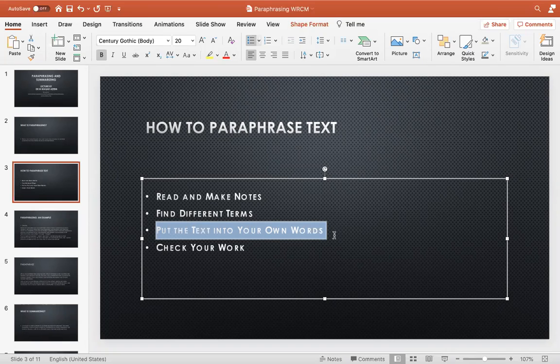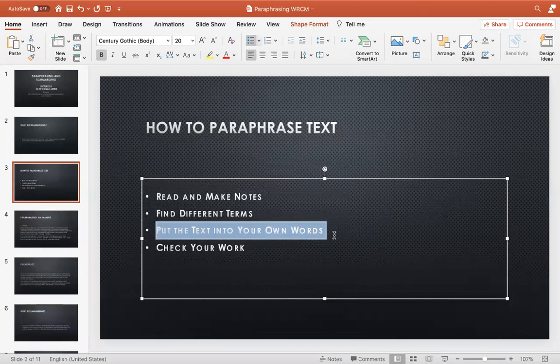Now is the time to start writing the whole paragraph of 10 lines into a new paragraph in such a manner that you write this new paragraph in your own words, one thing, and second thing, you should try to stay as close to the original meaning of the text as is possible. So when you write your paraphrase, do not write something altogether new and different from the original text.